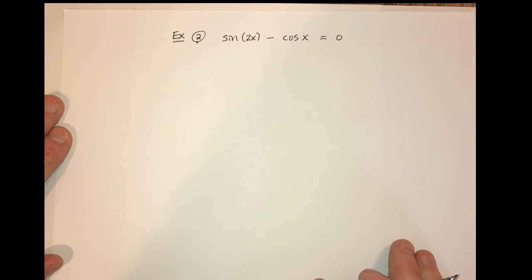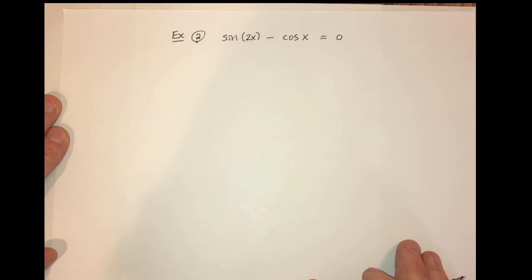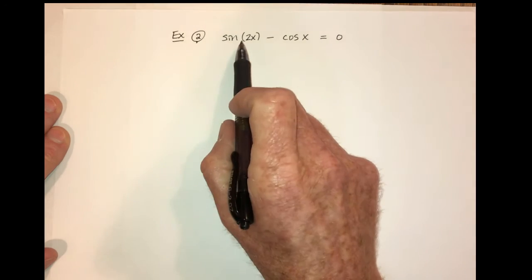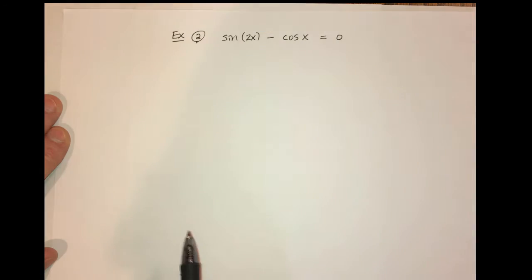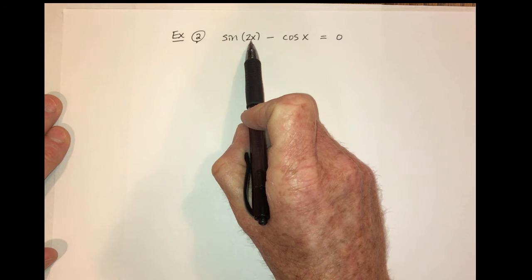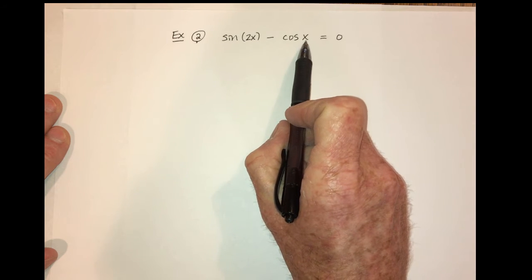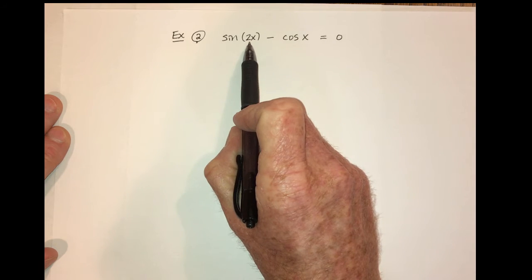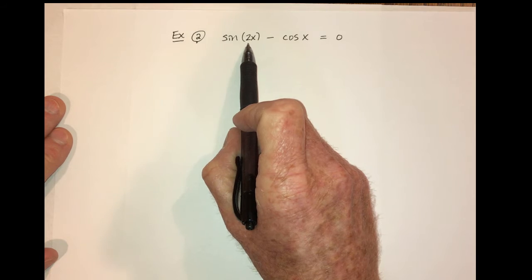So as I've said before, you need to get just one trig function equals one number. This has two trig functions, so we'll need to use a trig identity. Another important idea is that the arguments need to be the same. So if this says x, I need to have this say x, not 2x.